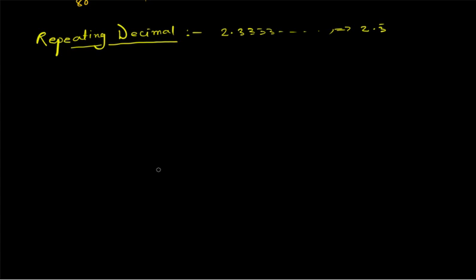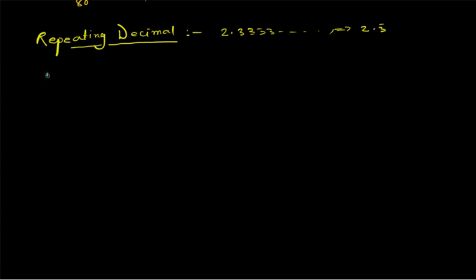Not each and every case can have a repeating decimal. In case of a non-terminating decimal, there will be certain numbers for which you will be getting repeating decimals. The most common question we have here is to convert a repeating decimal into a fraction, because a repeating decimal is also a rational number, and as it is a rational number, we can convert it into the form p by q.